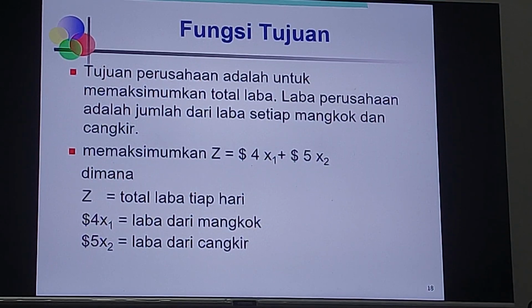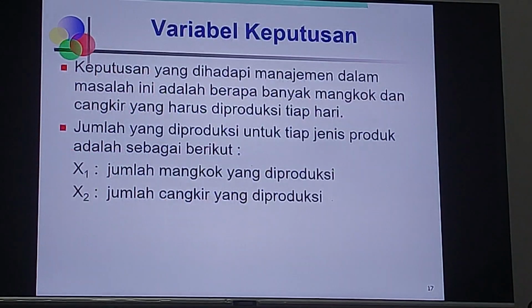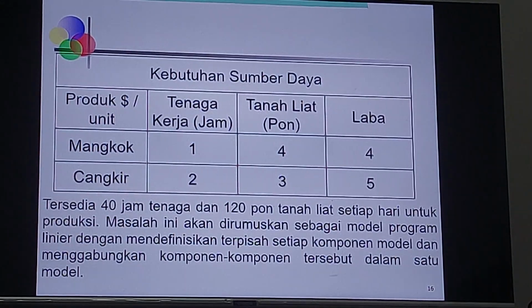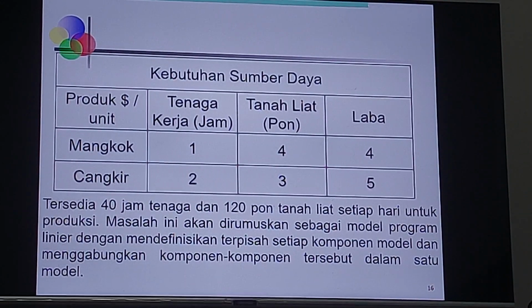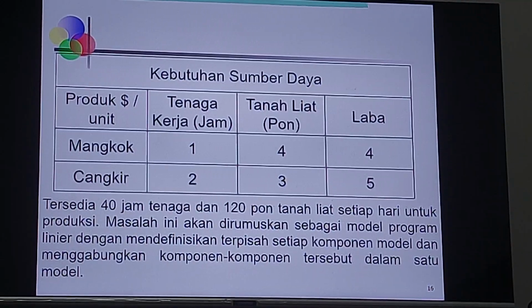The amount you receive minus the cost is the profit. You will need to have another data. This one, they already give you the profit data. That's why it's very easy, because they just give you the profit. Sometimes you need to calculate it on your own, but then you have other data.